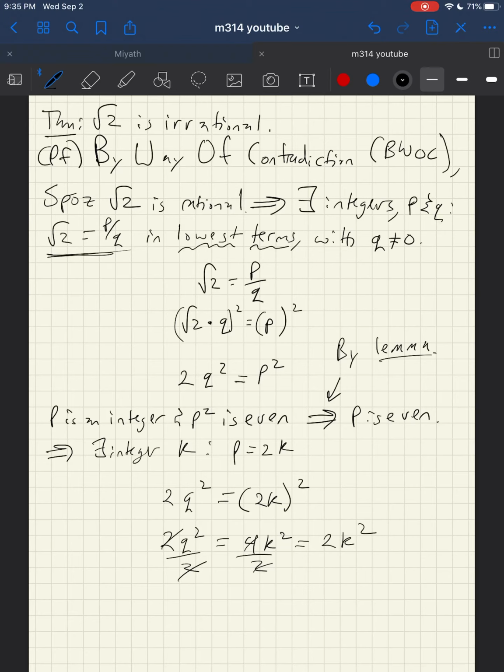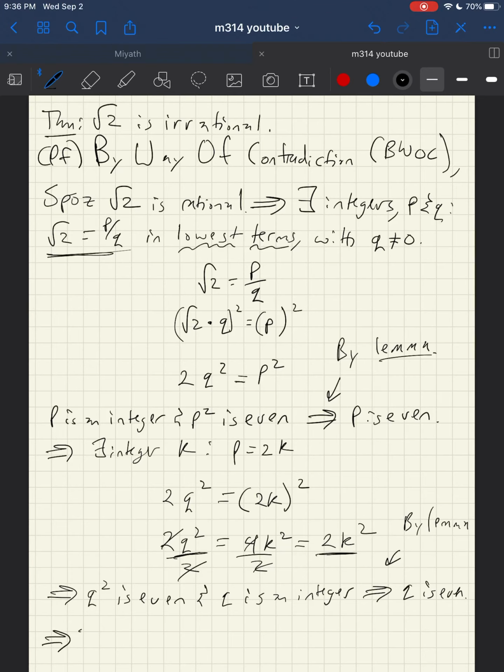We're going to get 2k squared on the right hand side and q squared on the left hand side. But this means that I'm writing q squared as 2 times an integer, which implies that q squared is even, but we also know that q is an integer. Which means, again by the lemma, q is even.